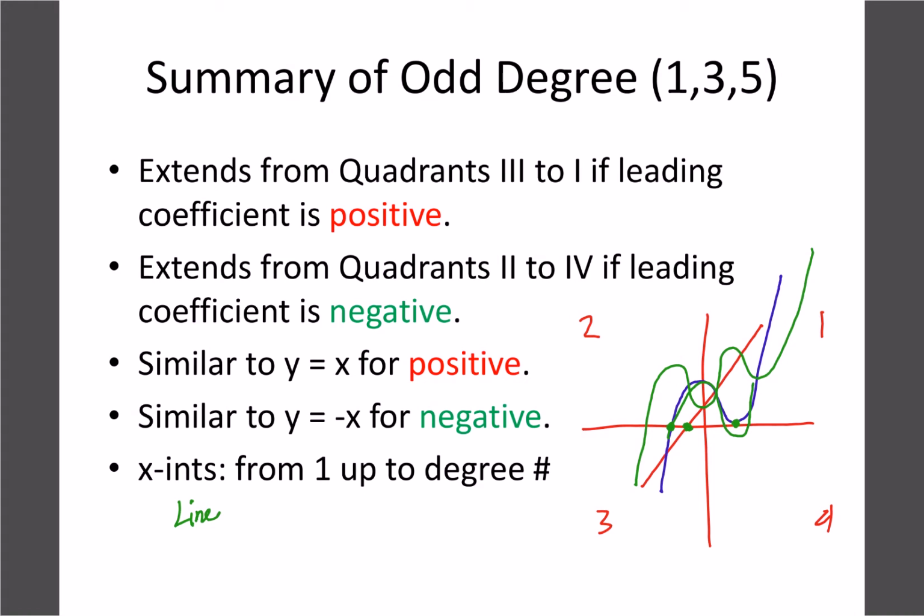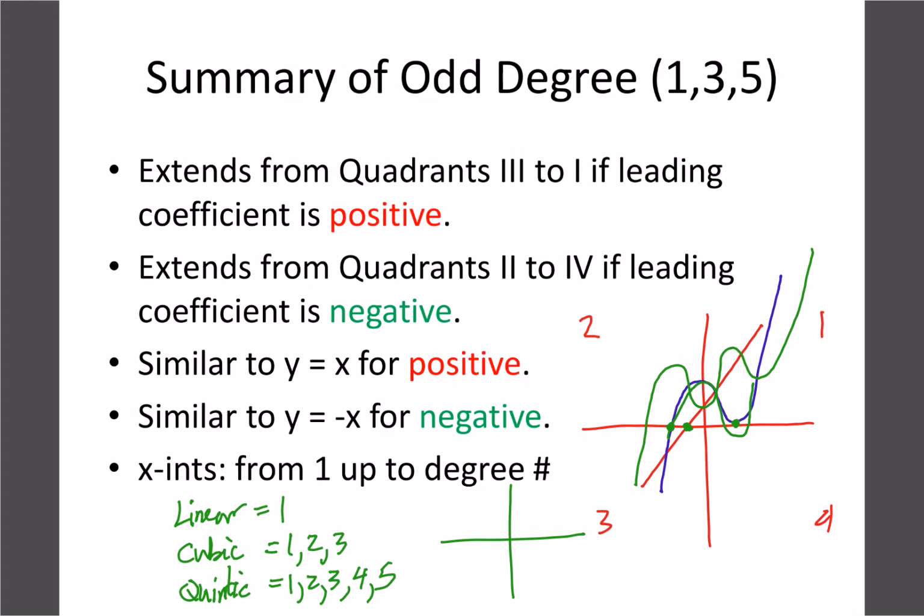So linear is 1, cubic is 1, 2, or 3, and for a 5th degree, a quintic, we could have 1, 2, 3, 4, or 5. You could have any possibility. And it just depends on how it's set up. So let's suppose we want to do a quintic with 4. We could go up, down, and up. That's 3. And then the 4th would just touch in one spot.